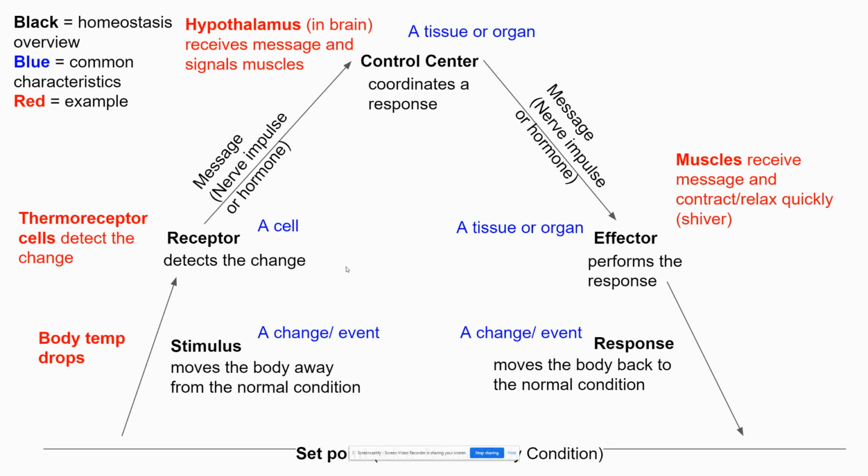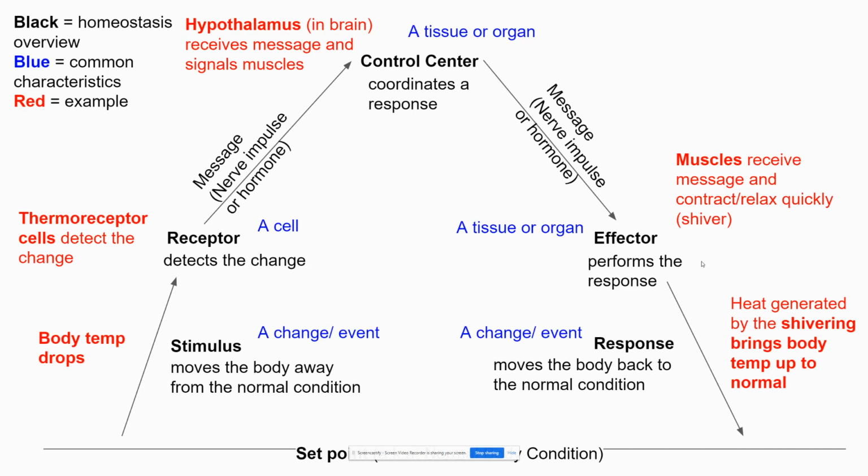The muscles, in this case, are the effector. See, tissue or organ, muscles. The action that they're performing, contracting and relaxing rapidly, that's the response. And by doing so, they are generating heat, which will bring the body temperature back to its set point, or back to normal. And there you go, thermoregulation, an example of maintaining homeostasis.